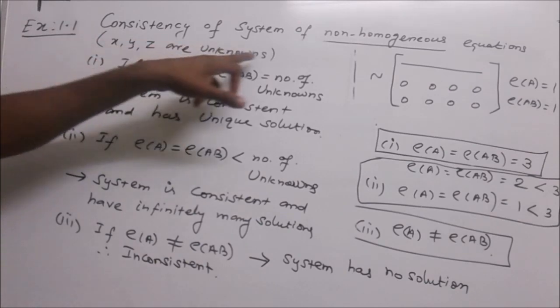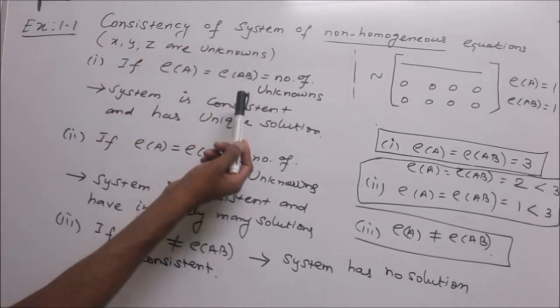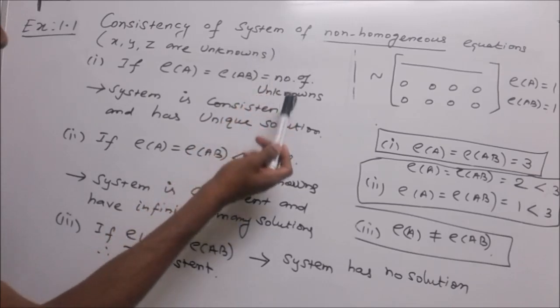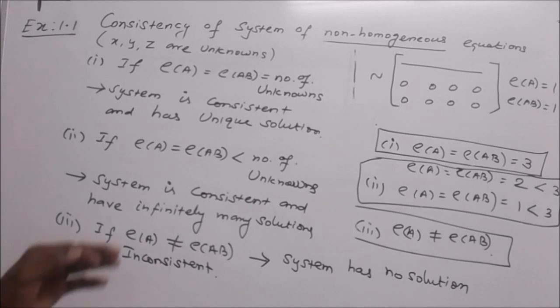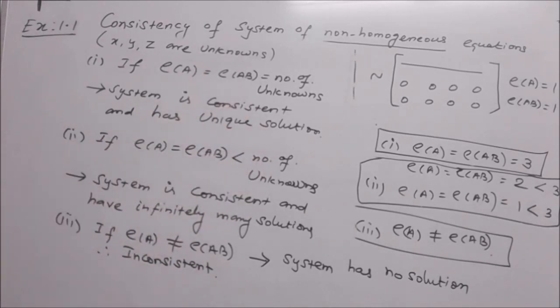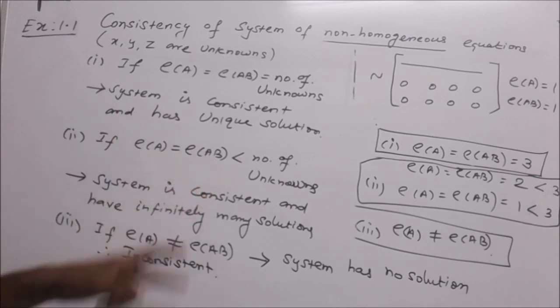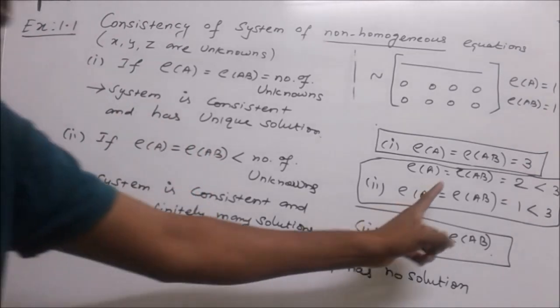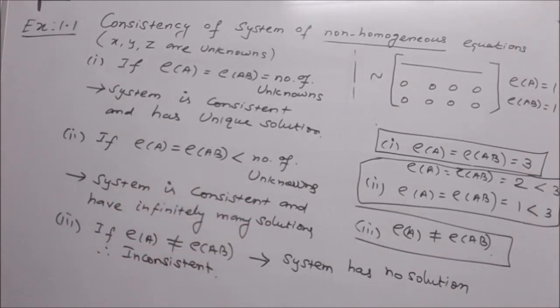X, Y, Z are known as unknowns. If rank of A equal to rank of AB, that will be equal to given number of unknowns, the system is consistent and has unique solution. The second case, if rank of A equal to rank of AB but less than number of unknowns, the system is consistent but it has infinite number of solutions.